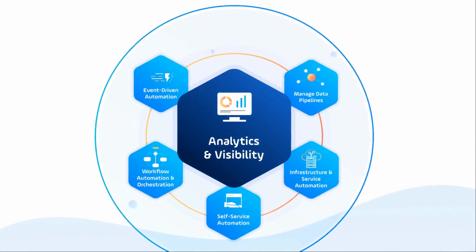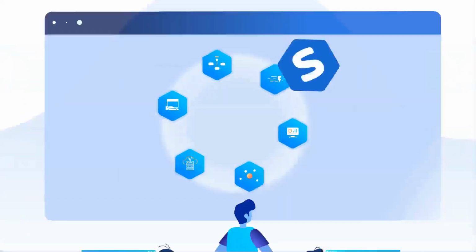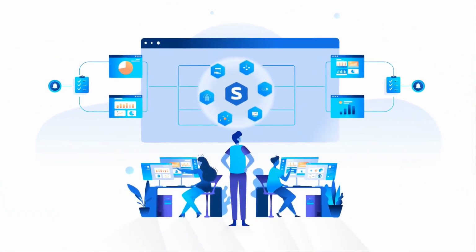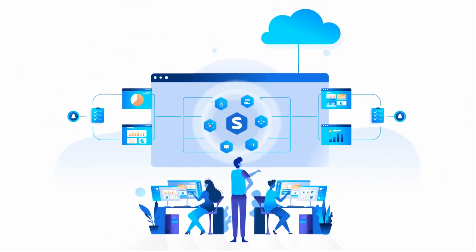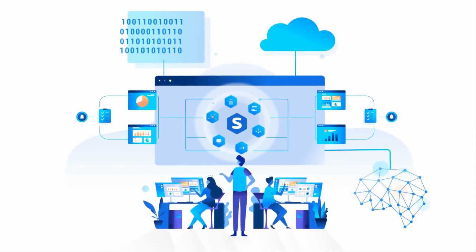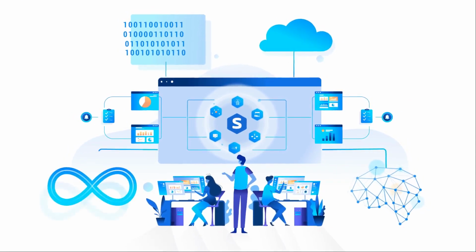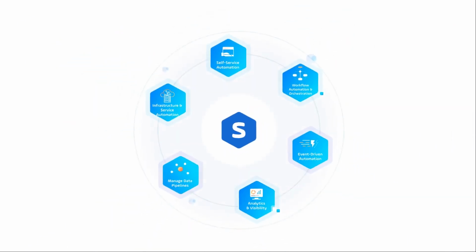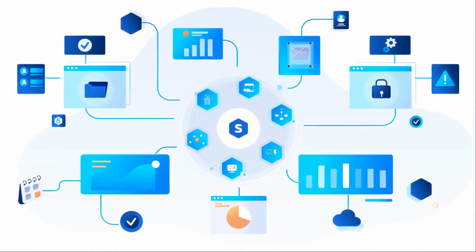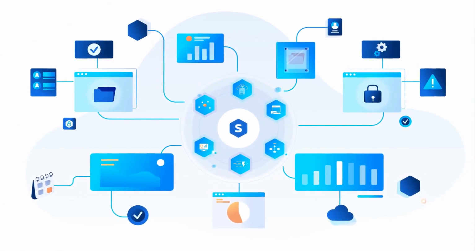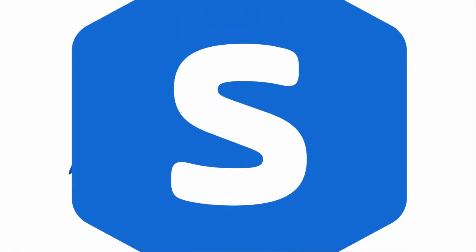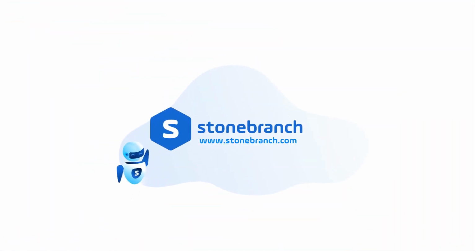And visually control your entire program with a centralized command center style view. All this to help organizations control emerging technologies like cloud, big data, and artificial intelligence, and new methodologies like DevOps and DataOps. Plus, UAC integrates with just about any application or platform, empowering you to break down automation silos and achieve true orchestration across your business. If you want to know more, don't hesitate to contact us. Stonebranch, real-time hybrid IT automation for whatever comes next.